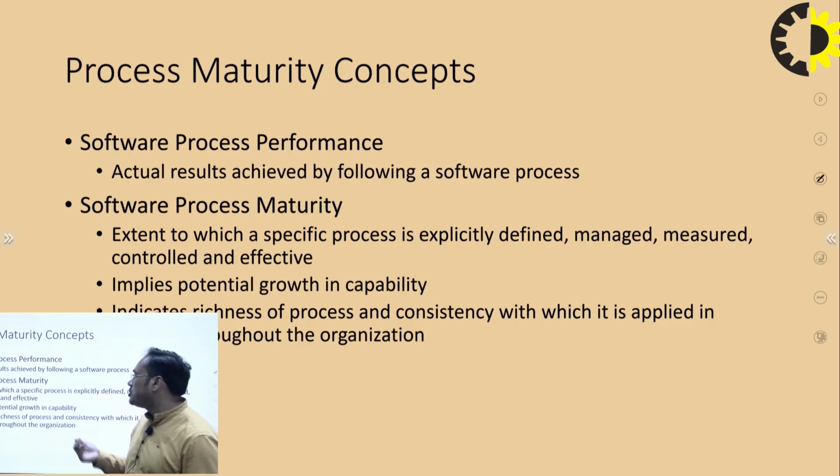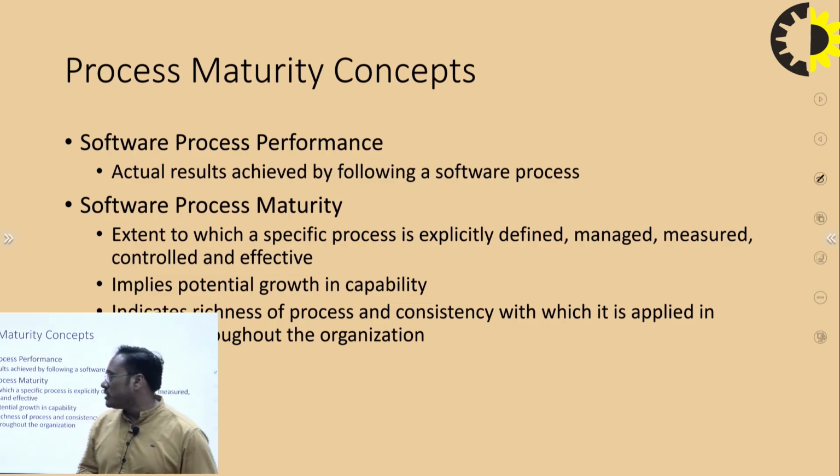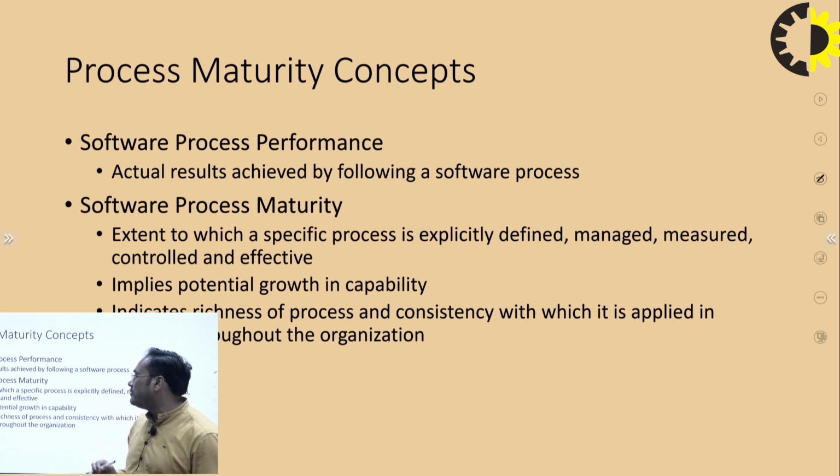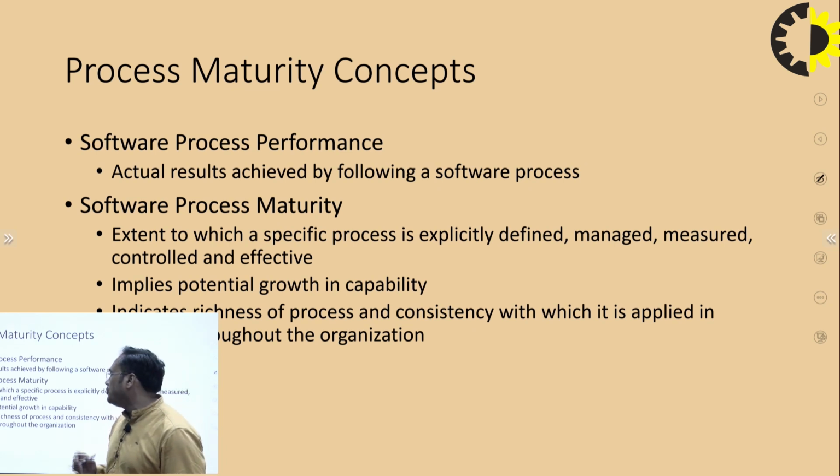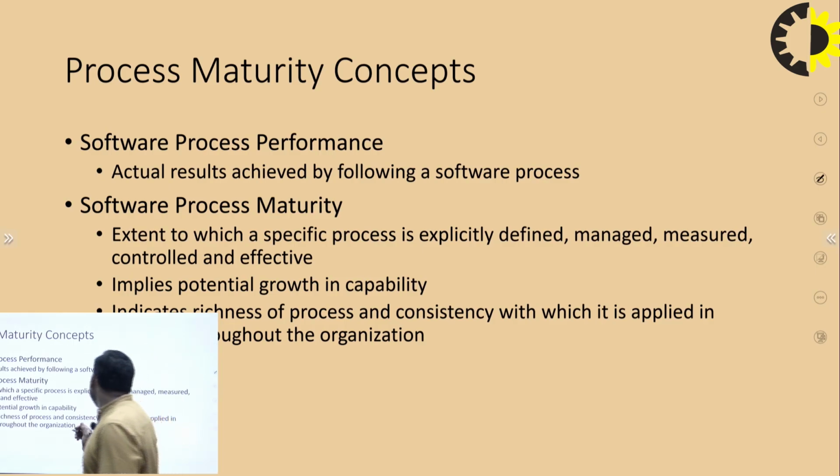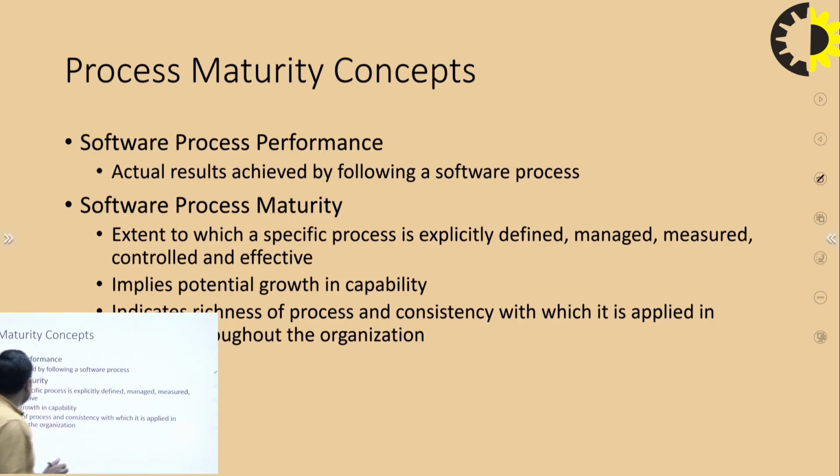Software process maturity consists of three important points, and we are going to discuss them one by one. The first point is the extent to which a specific process is explicitly defined, managed, measured, controlled and effective.